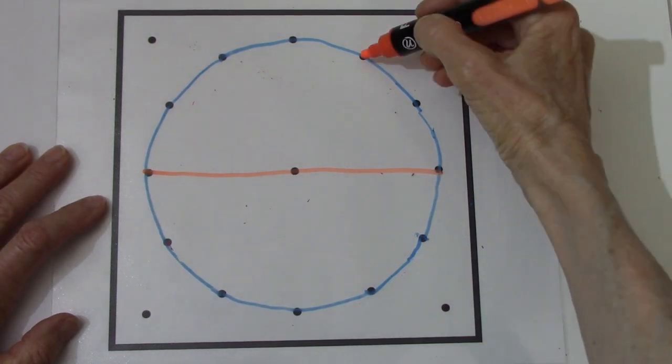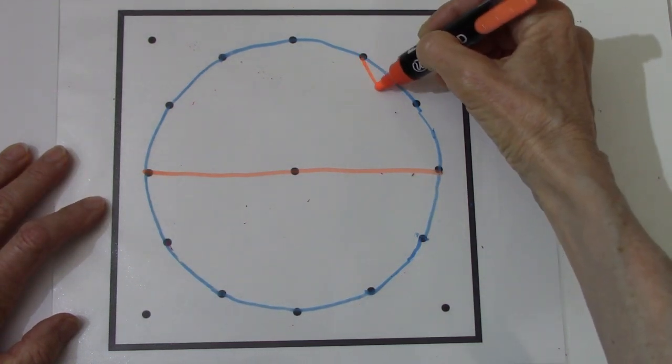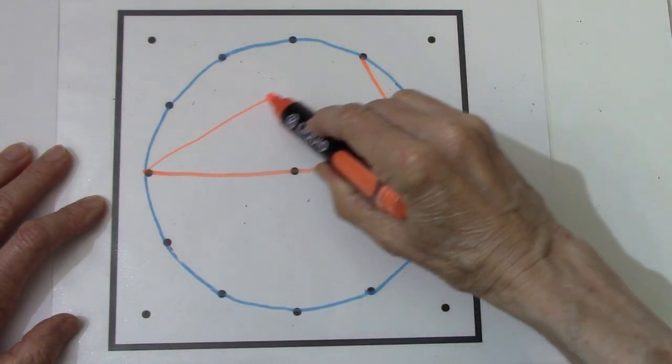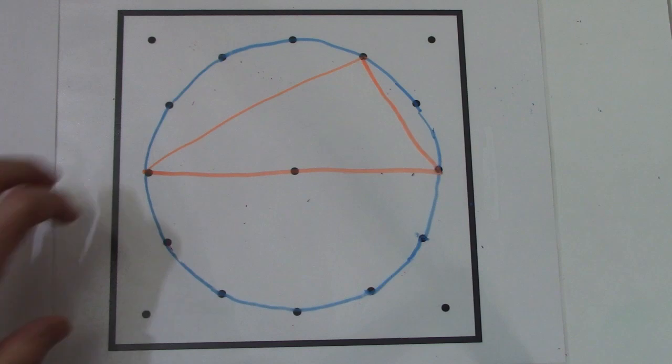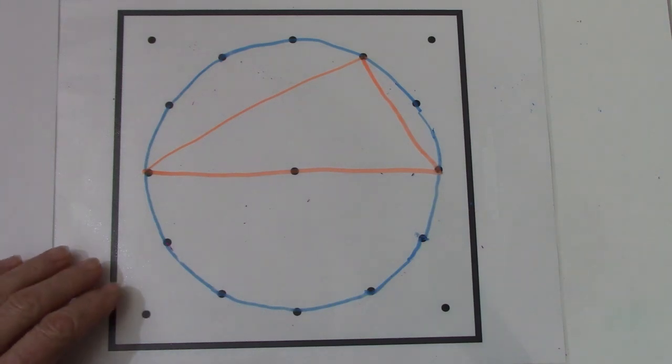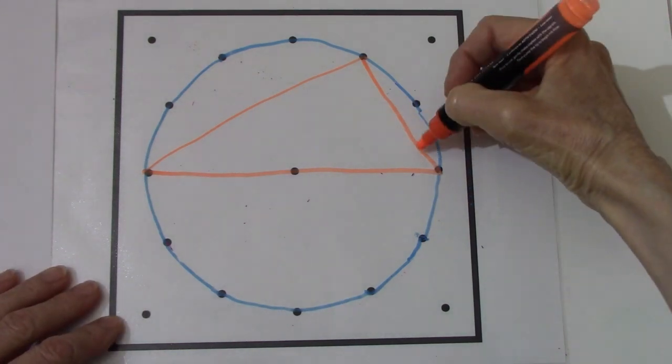But if I were to draw in an angle right here, then the question is, how big is this angle when I draw in a triangle? Well, it's half of the intercepted arc.